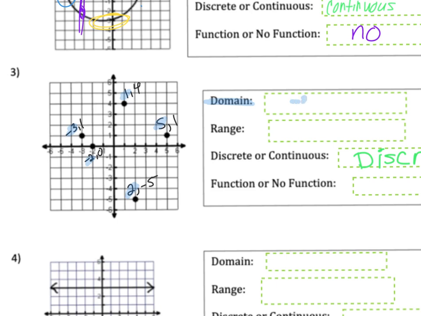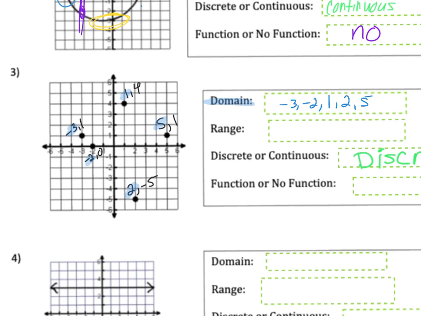So that'll be -3. Oh, it would help if I had a pen, not a highlighter. Sorry, folks. So I've got -3, followed by -2, followed by 1, 2, and 5. I'm just putting all those x coordinates in order from least to greatest.